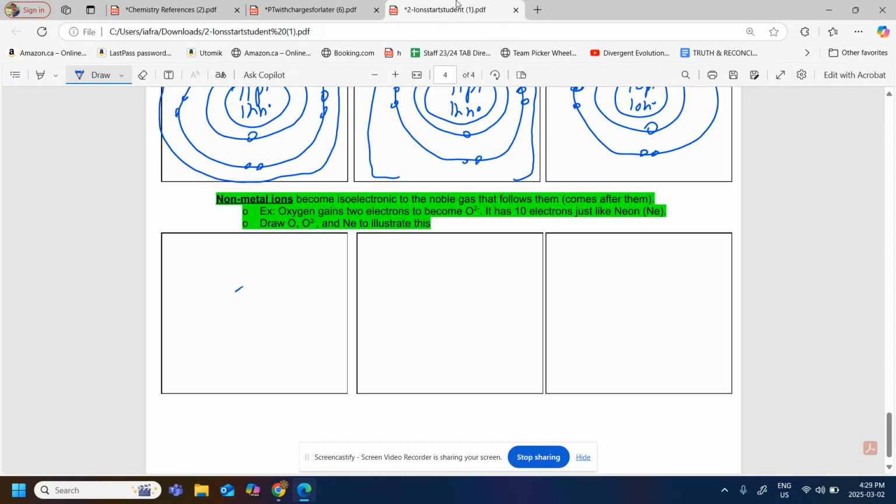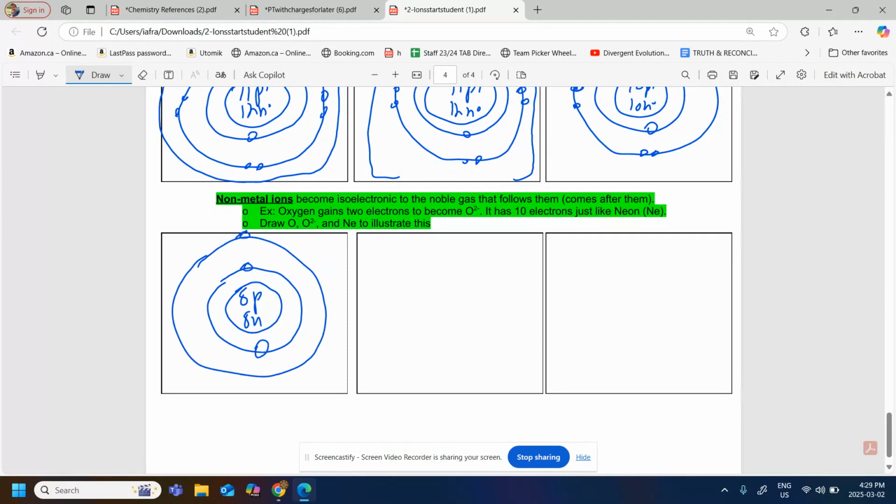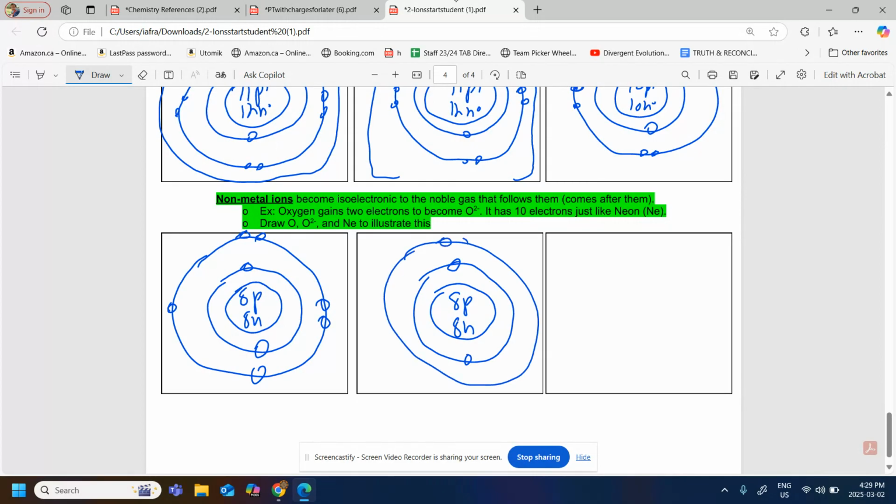So oxygen has 8 protons, 8 neutrons, 8 electrons normally. So 2 on the first, 6 on the last shell. When it forms an ion, it'll still have 8 protons, still have 8 neutrons, but it's going to gain 2 electrons to finish the last shell. Right here and here. And so we're going to have a charge of 2 minus.